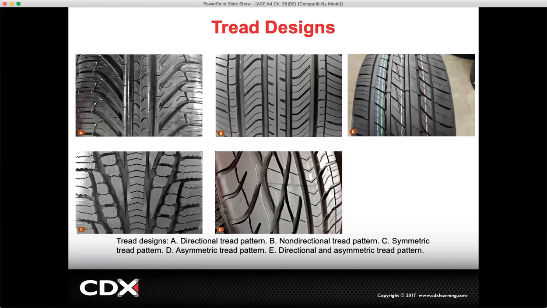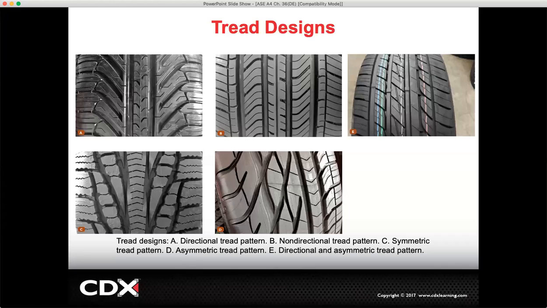Now we have different tread patterns, which give manufacturers the ability to design tires for special applications. There is a directional tread pattern designed to provide a range of attributes during particular driving conditions. Non-directional tread patterns are designed in such a way that the tire can be mounted on the wheel for any direction of rotation.